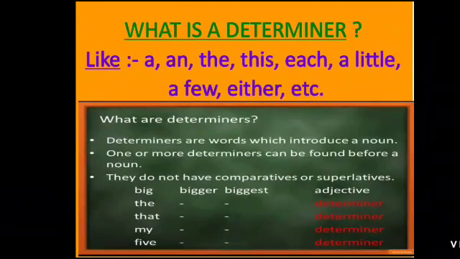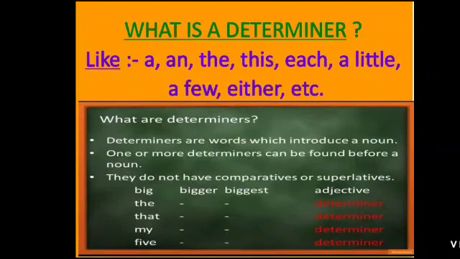So children, as we all know, determiners are called noun markers. Yes, the other name for determiner is noun markers, or we can call it determinatives, because they are placed before a noun. Clear?